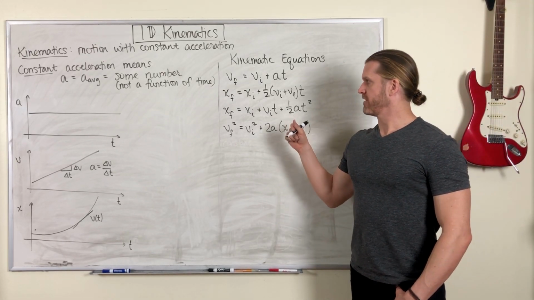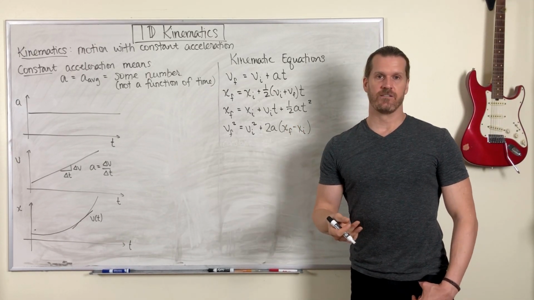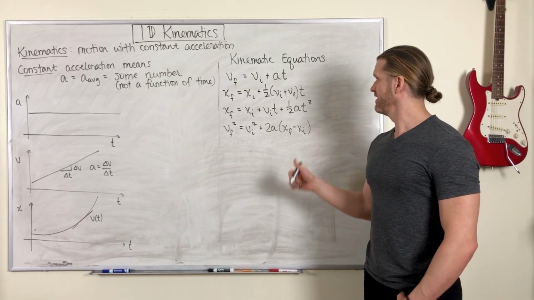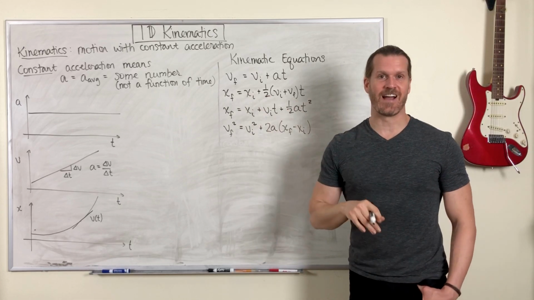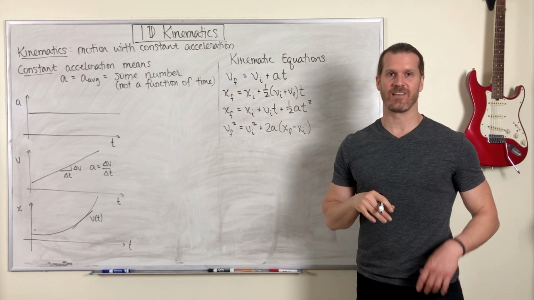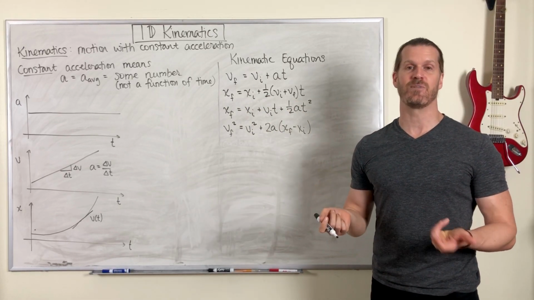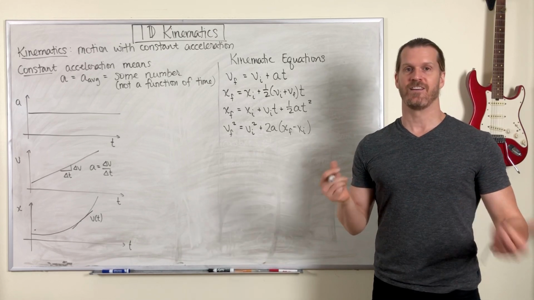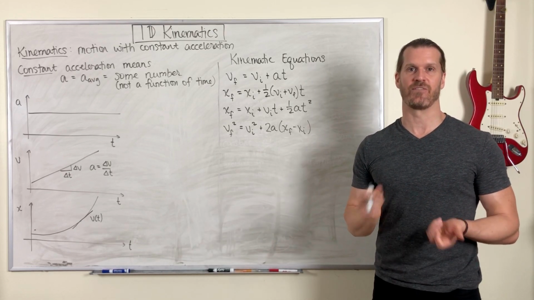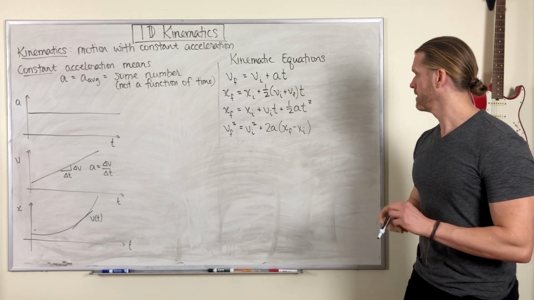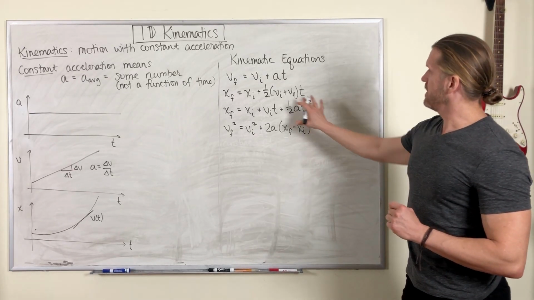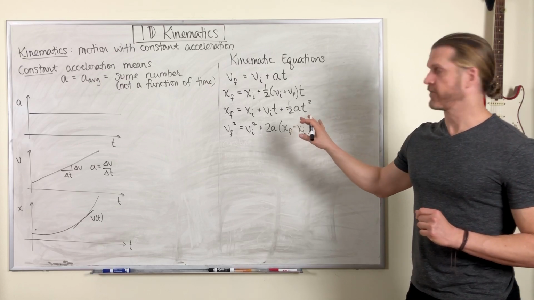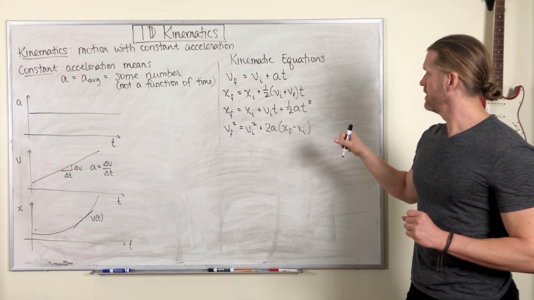Another thing to point out is, as I've been mentioning periodically, these all involve initial and final quantities, and whenever you're solving a problem, you have to keep in mind what we mean by initial and final states. It depends on what the problem's asking for. And sometimes you see these written slightly differently.